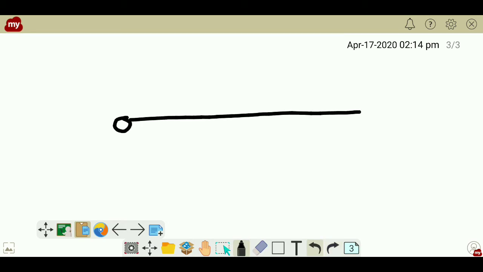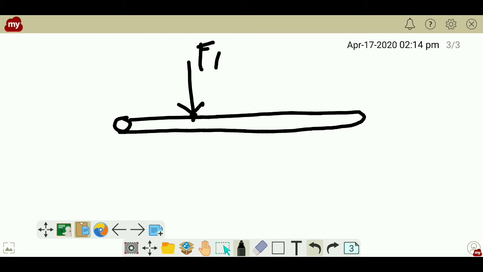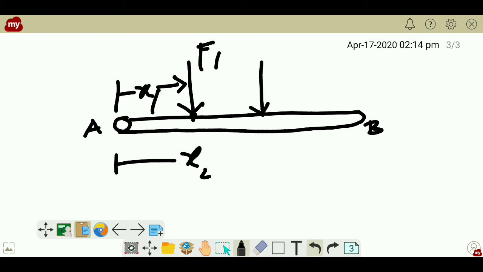So there is a lever like this on which some different forces are being acted. One force, F1, acting at a distance of x1, and the point where it is fixed is called A, and the point which is left free is B. F1 is the force acting at a distance x1, and we have another force F2 which is acting at a distance of x2.